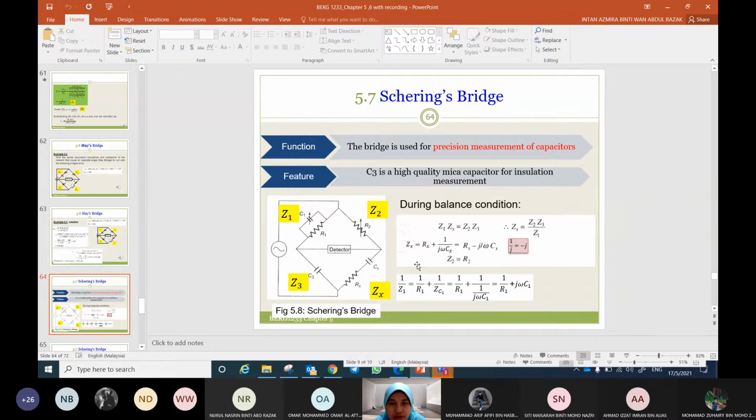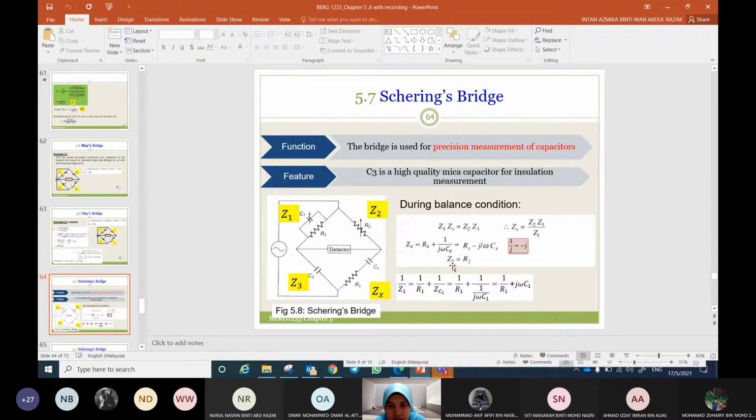We define each Z. Zx is equal to Cx in series with Rx, so Rx plus 1 over j omega Cx. You can leave your equation like this, no need to convert into Rx minus j over omega Cx.